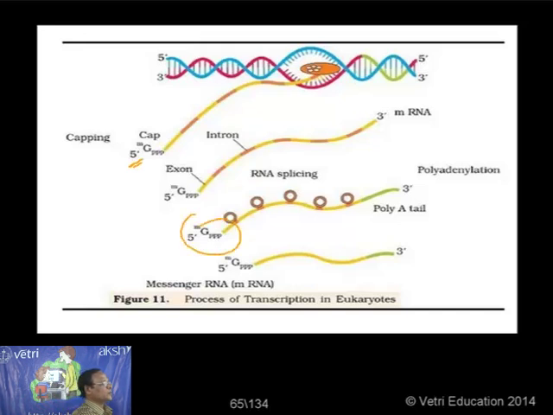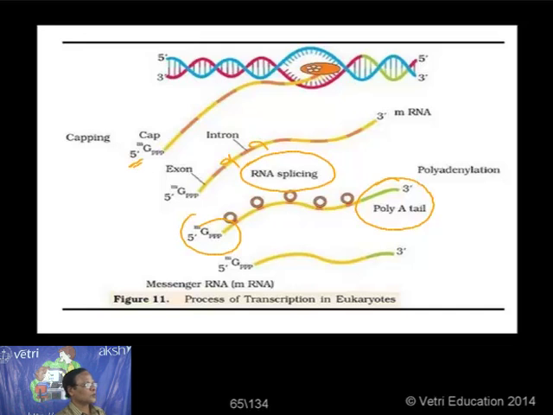Now this is the primary transcript having both introns and exons. By means of RNA splicing, the introns are removed so that we have only the exons, all joined together in a defined order. And as soon as transcription has been completed, the polyadenylation process occurs with the help of polyadenylate polymerase. This is nothing but the addition of many adenine nucleotides.